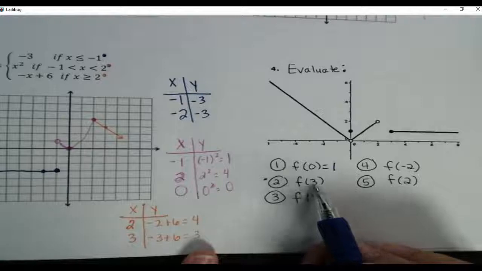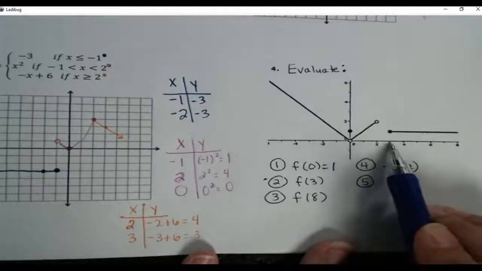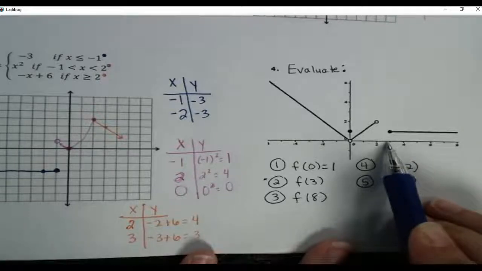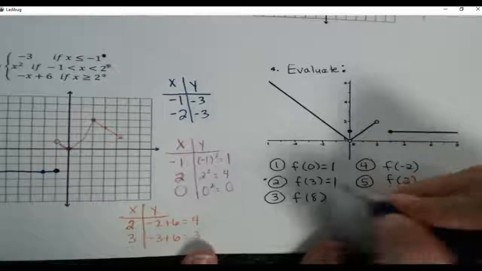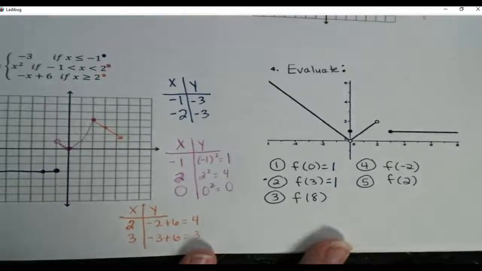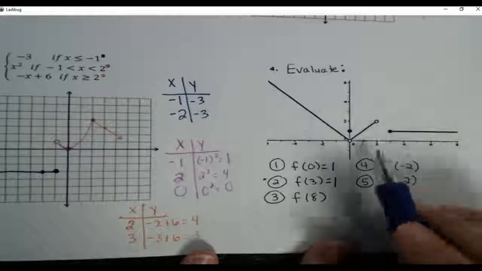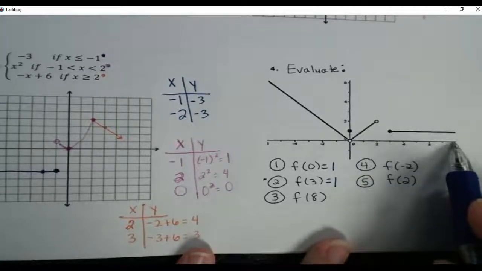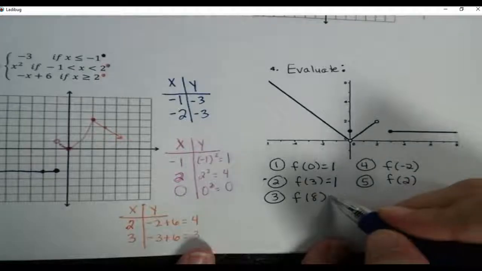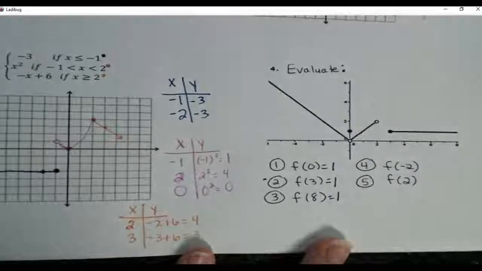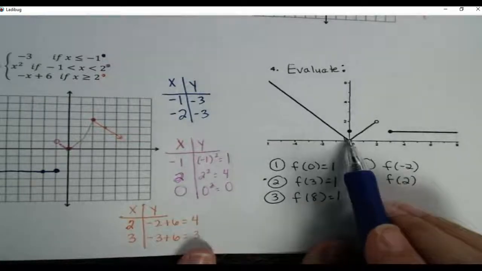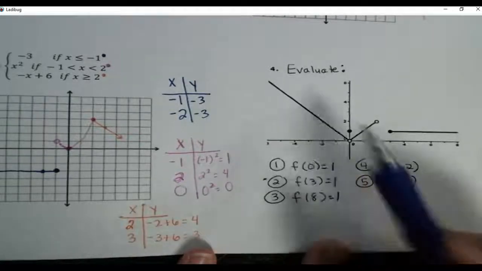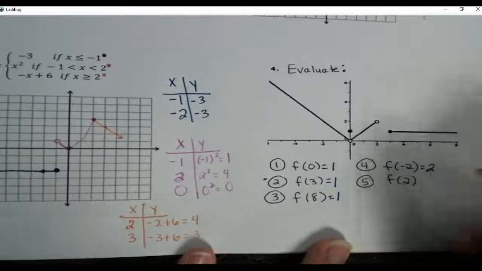So then if I go to 3, where x is 3, what's my y value? 1 again. How about if I go to where x is 8? Yeah, again, it's up there at 1. How about -2? 2, yeah.